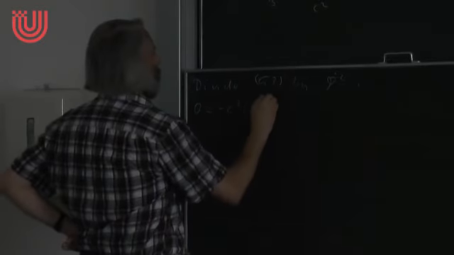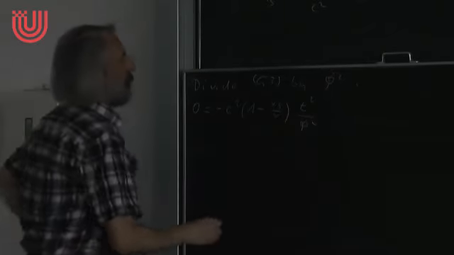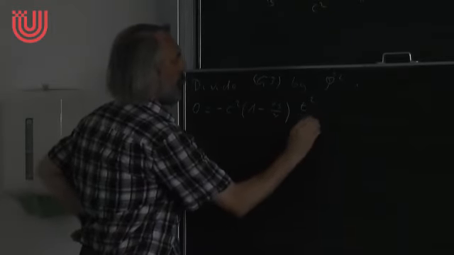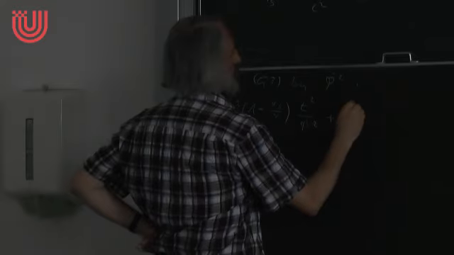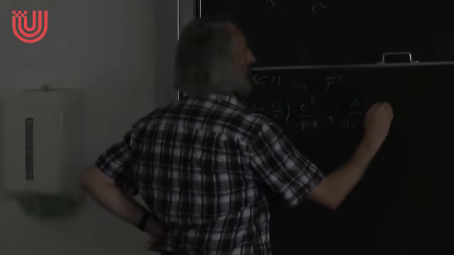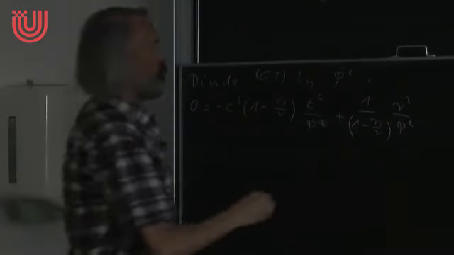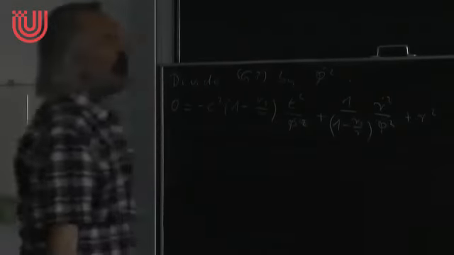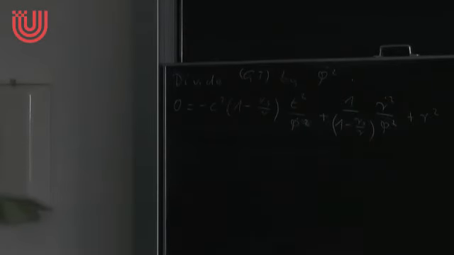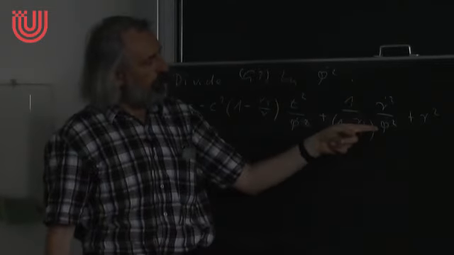And I get 0 is minus c squared (1 minus rs over r) t dot squared over phi dot squared, plus 1 over (1 minus rs over r) r dot squared over phi dot squared, plus r squared. So here I have the expression I would like to have, that's dr over d phi squared.